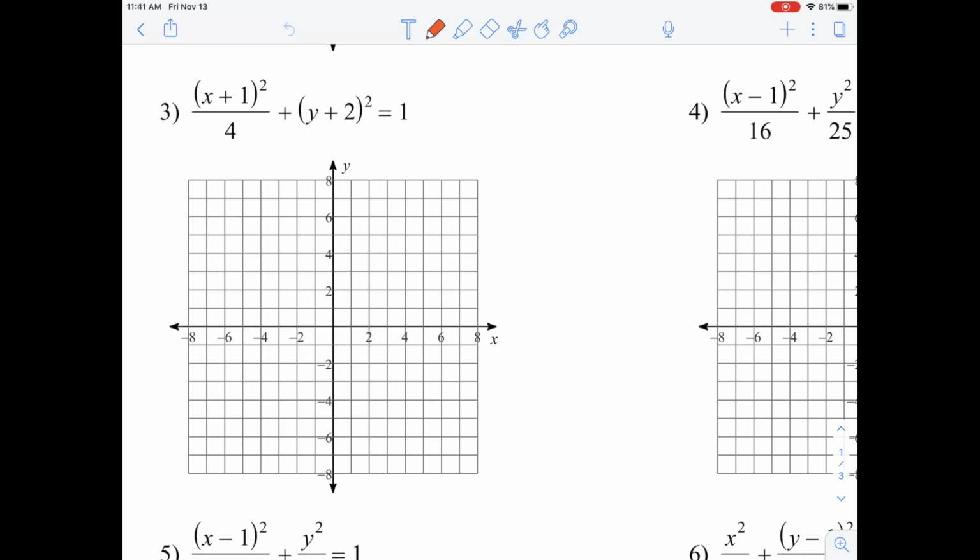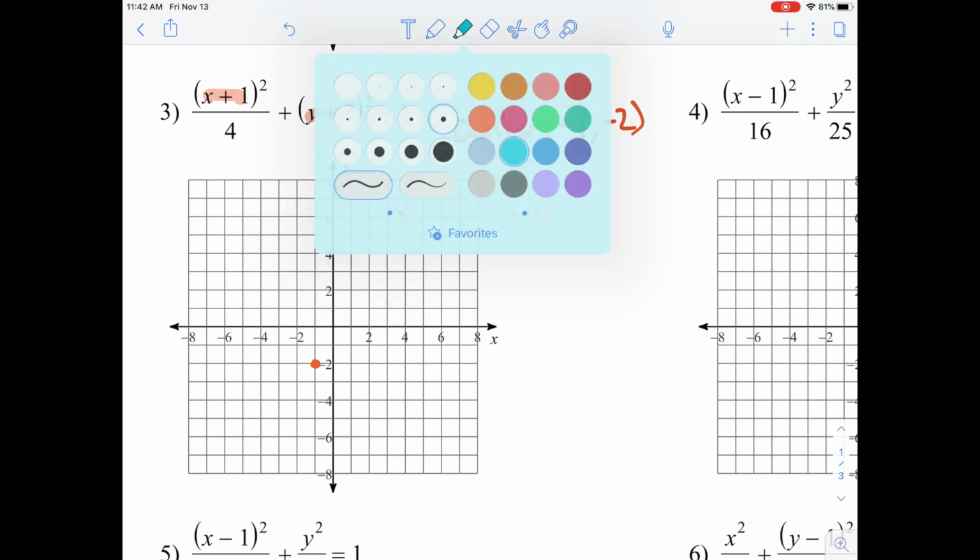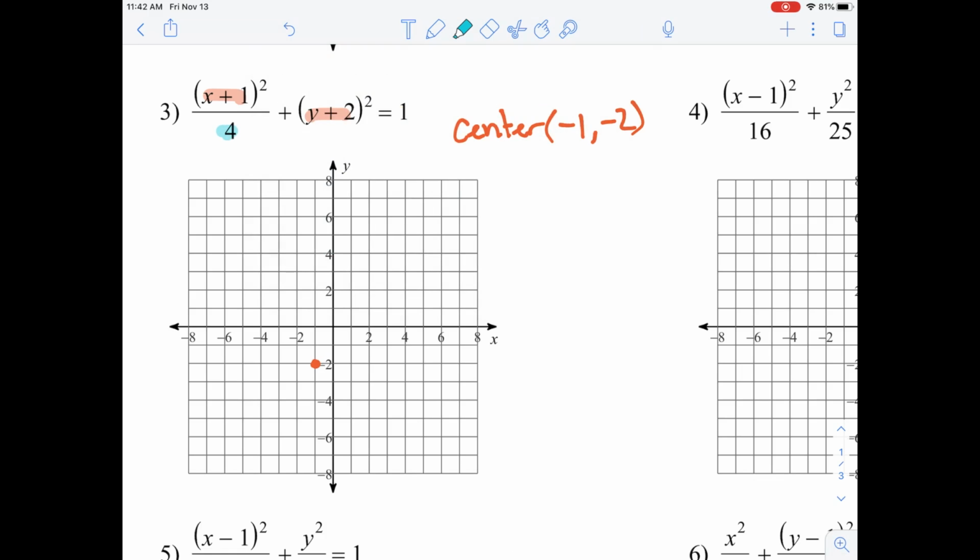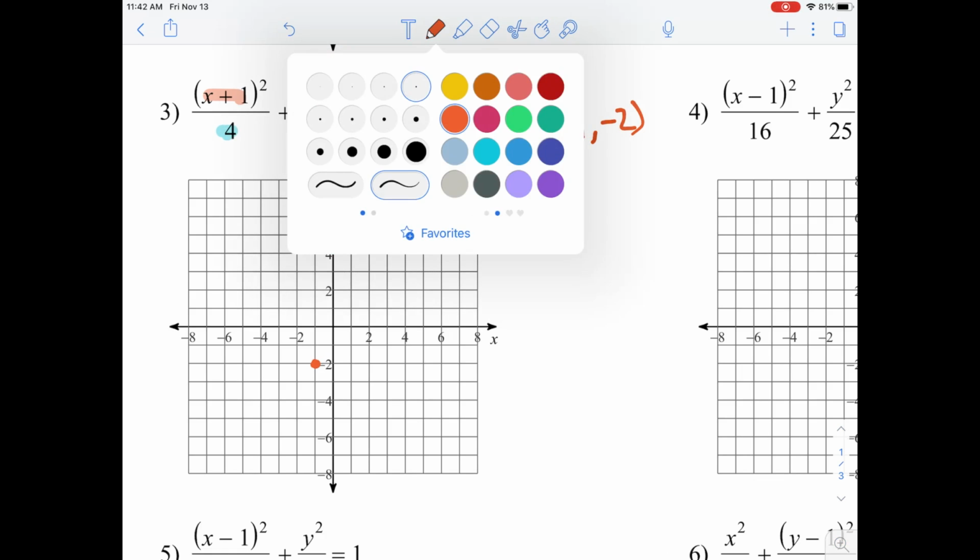All right, and now for this second example. Our center is at -1, -2. So that'll be the first point I plot. Now our radius in the x direction is the square root of 4, which is 2.